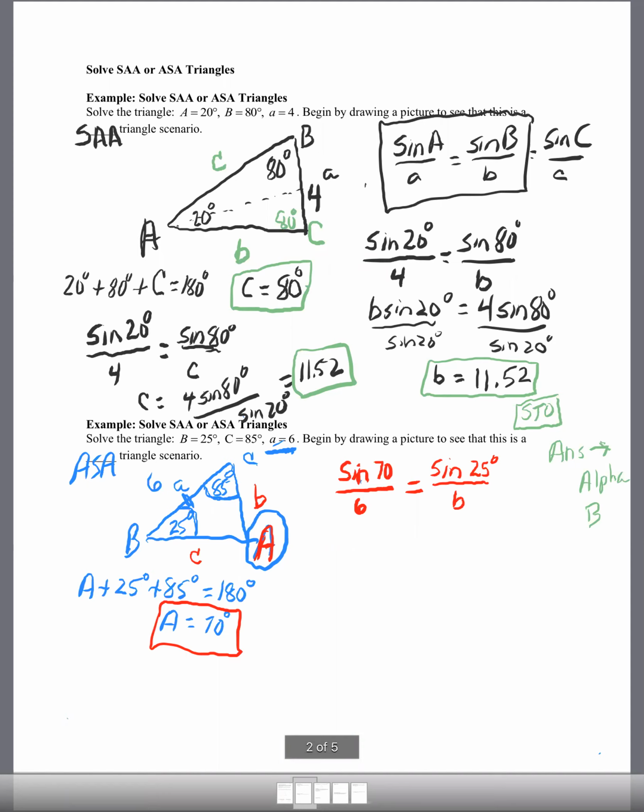Now by cross multiplying and solving for B, you'll end up with 6 times sine 25 divided by the sine of 70. So if you put that on your calculator, and we'll look to see what we've got.